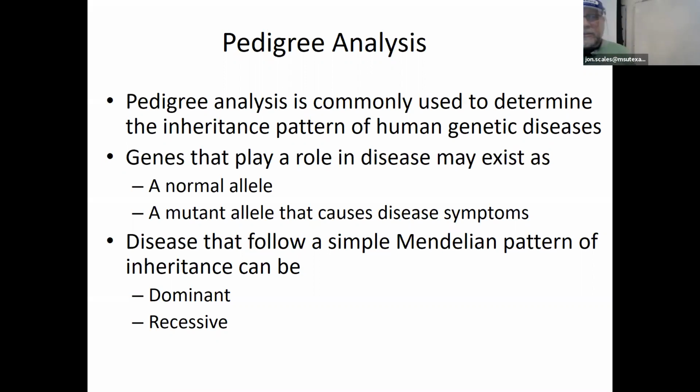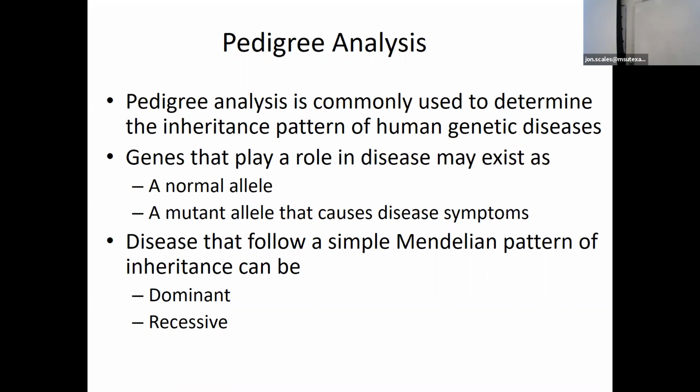And you're going to basically be tracking a normal state or a mutant state. Okay, and so you'll have a normal allele. You're basically tracking a mutant allele. That mutant allele may act in a dominant fashion, or it might act in a recessive fashion. So the thing to keep in mind about dominant versus recessive, okay, is how you're going to make that distinction.